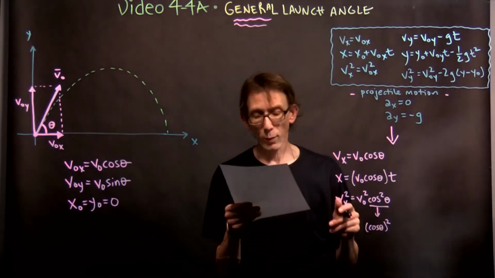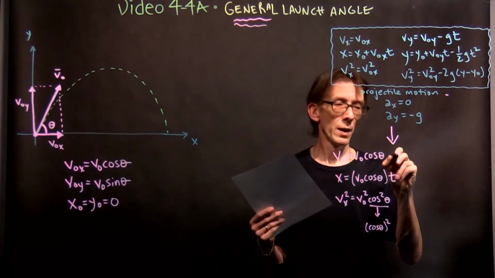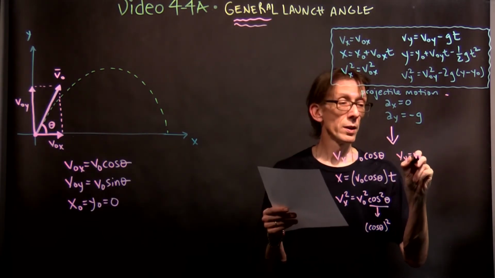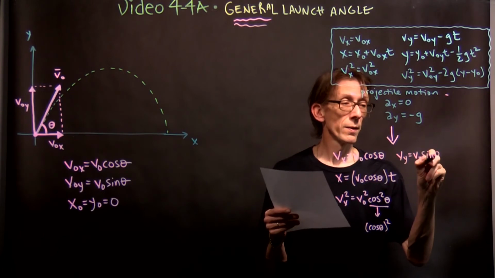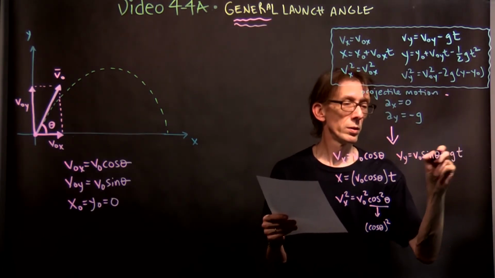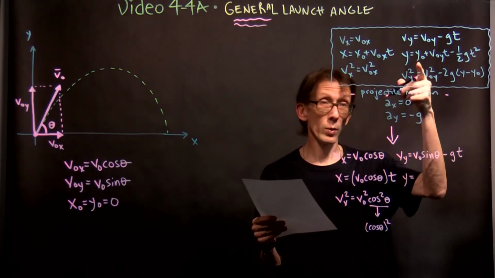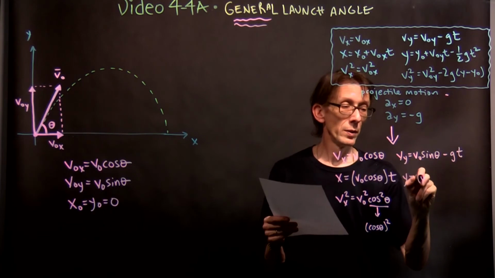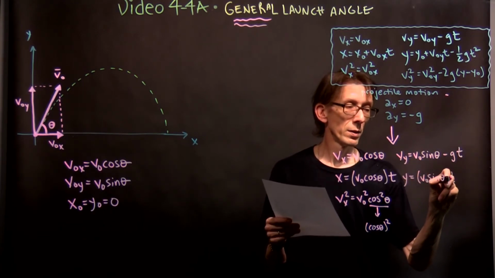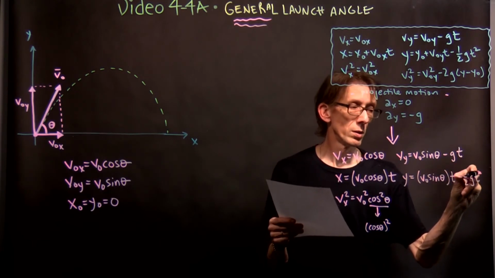All right, and so for y, we get Vy is V naught sine of theta, right there for V naught y, minus GT. We get y naught goes away, y equals V naught sine of theta t minus 1/2 g t squared.